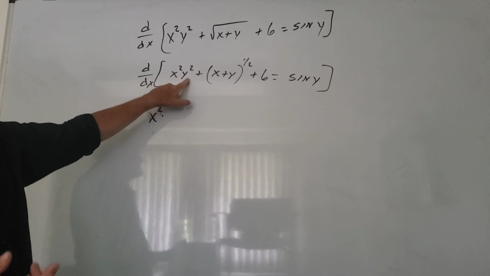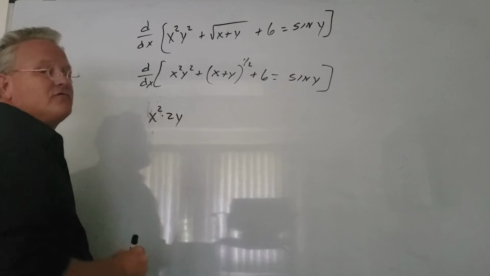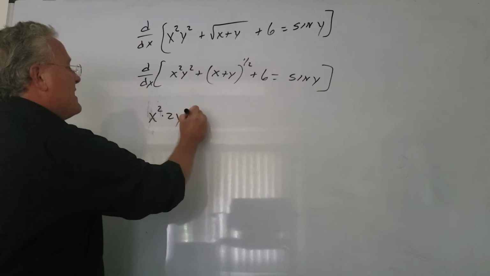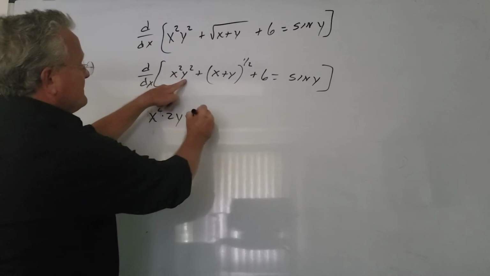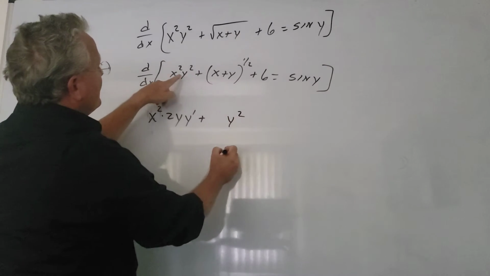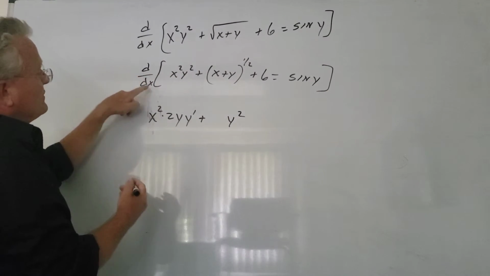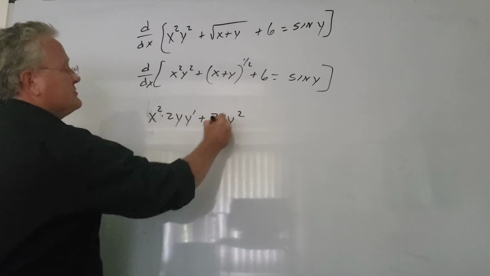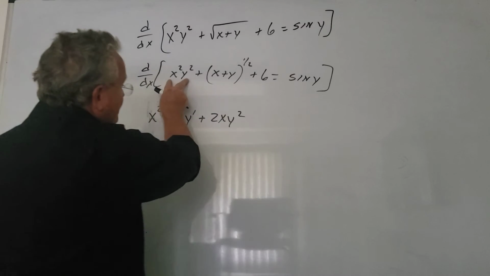The derivative of y squared is 2y to the 1 times the derivative of y, but the derivative of y is y prime. So that's the first times the derivative of the second. Then we have the second function, y squared, times the derivative of x squared. But the derivative of x squared with respect to x is just 2x. So that's the derivative of this.